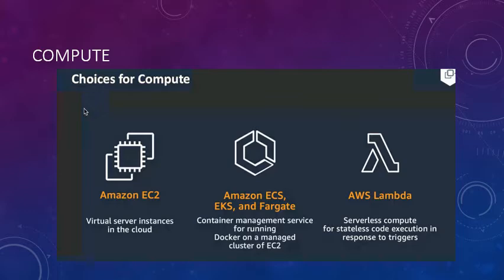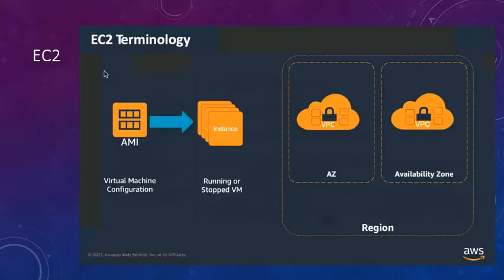Usually something starts a function off, so starts a Lambda function or an Azure function off. It might be a trigger based on time, or it may be a trigger based on something else that's happened to another service in AWS. All kinds of things can trigger a function. So just so you know, that's roughly what that is. We'll go into much more depth on these things later on.